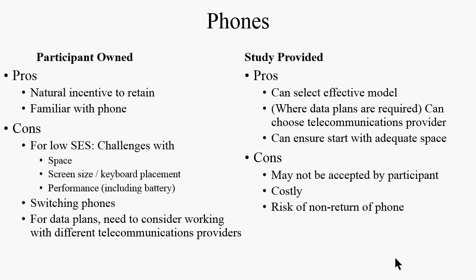Definitely with lower SES, if they don't have a phone and now they have one, or they had a flip phone and now they've got a smartphone, that generally is better. But when you've got people that have a phone they like and they say, no, you have to use this one, often that leads to reduced compliance.